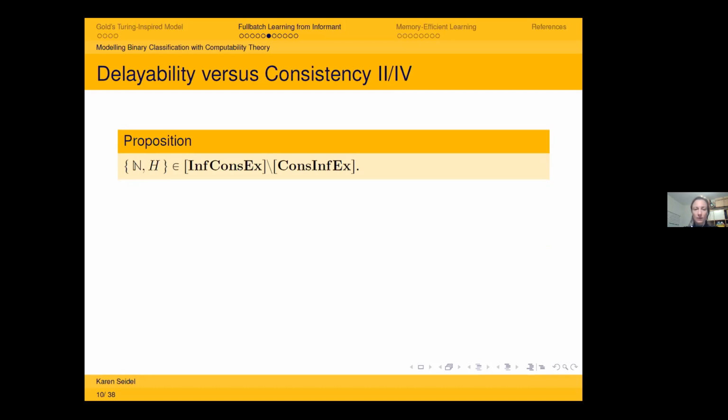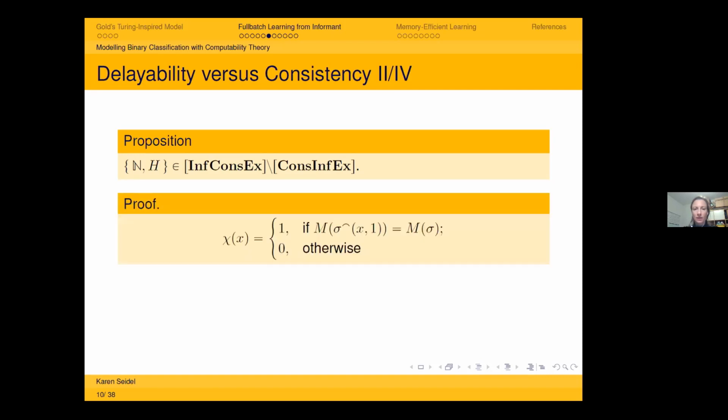So this very easy collection of languages, namely the natural numbers and the halting problem, can be learned by a learner that is consistent on these two languages, so on every presentation of them, but is not consistent everywhere. And the idea is very simple: if there was a learner that would be consistent everywhere, then the halting problem would be decidable.